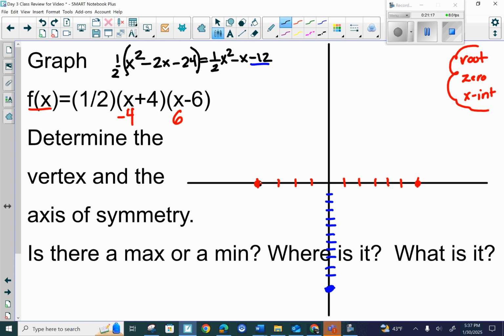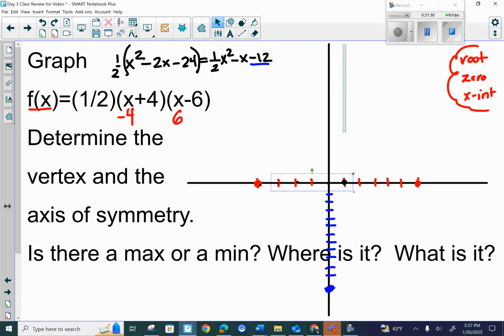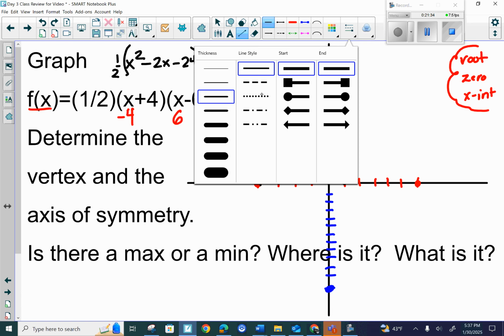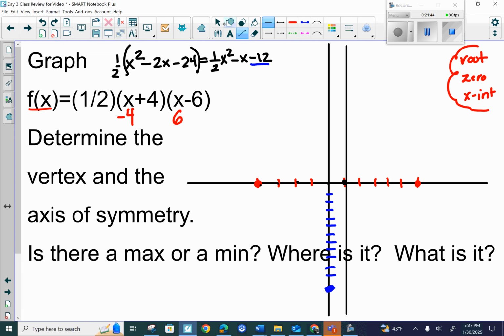My vertex is going to have to be 5 from each one. 1, 2, 3, 4, 5. It's going to have to be right on this line right here. Make that dotted line. It's going to have to go right through 1. Right there. There's my axis of symmetry.